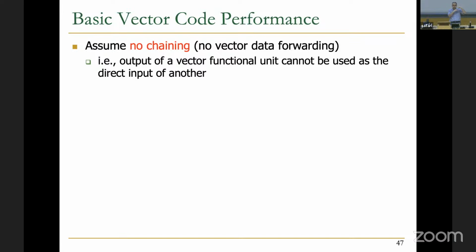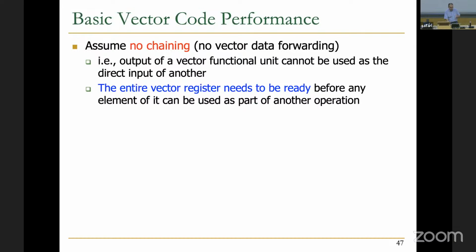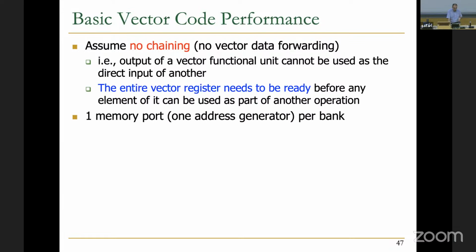One functional unit produces a data element that you consume immediately in another functional unit. But for now, assume that we don't have that kind of architecture, and the entire vector register needs to be ready before any elements of it can be used as part of another operation.